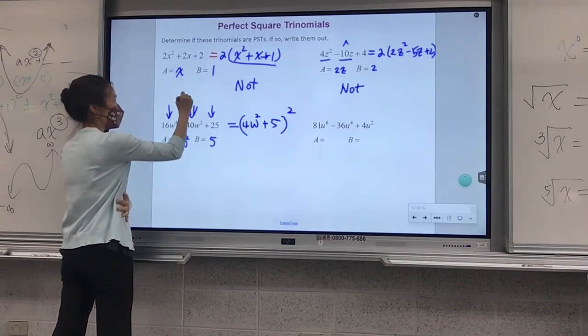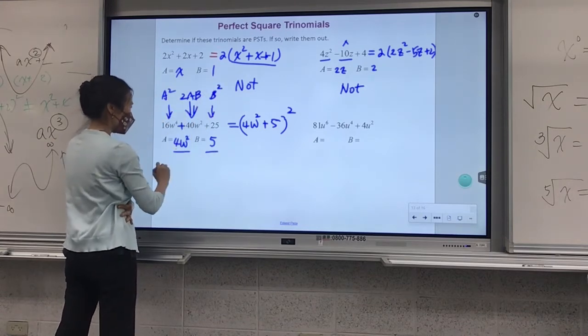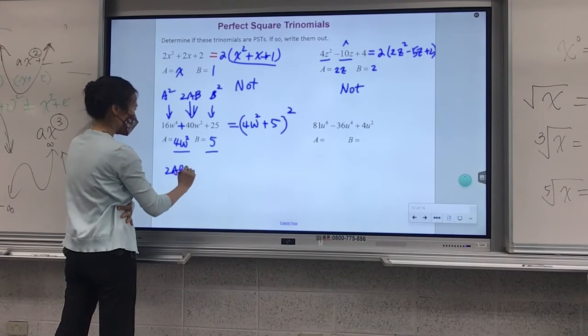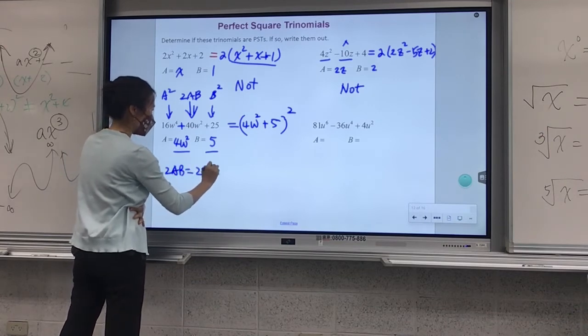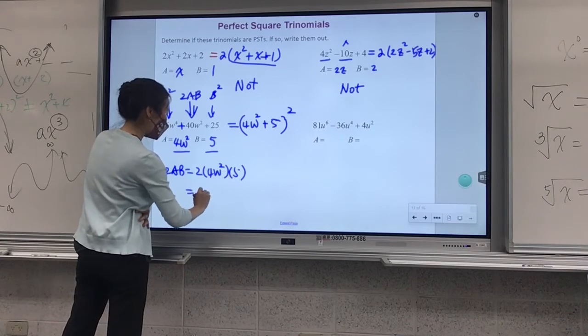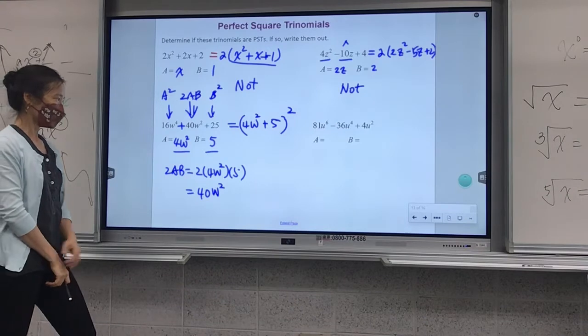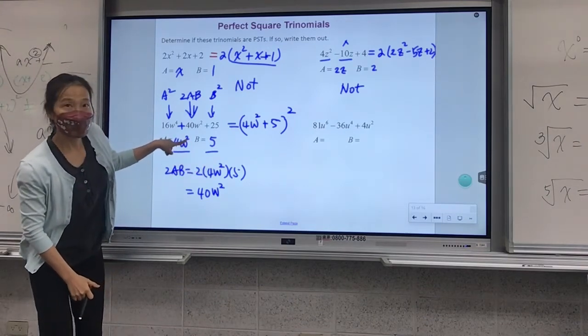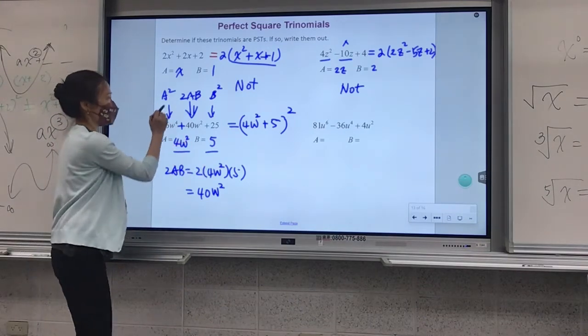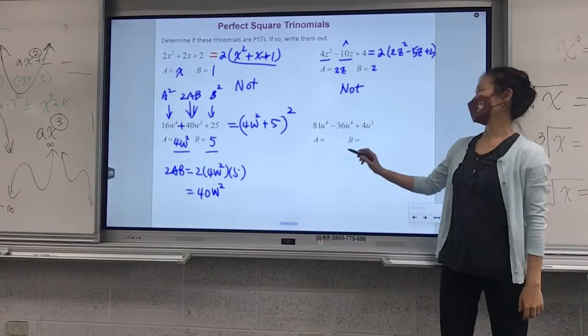Is this 2ab? 2ab will be equal to 2 times 4w squared times 5. So that's 40. Wait, how? 4 times 5 times 2. 4 times 5 is AB.